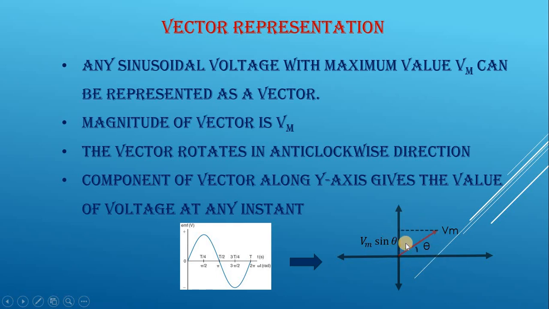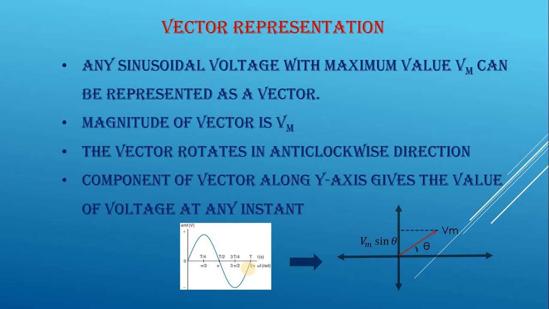At any instant, if you substitute the value of theta, you will get the actual voltage, that is Vm sin theta. So any sinusoidal voltage with maximum value Vm can be represented as a vector whose magnitude equals the maximum value Vm, the vector rotates in anti-clockwise direction, and the component of the vector along y-axis gives the value of voltage at any instant of time.